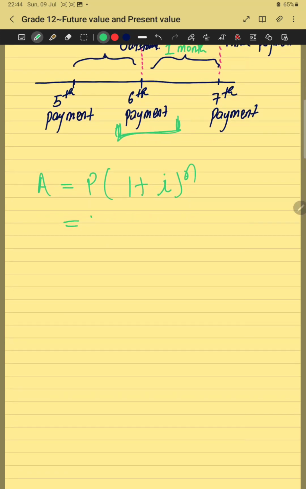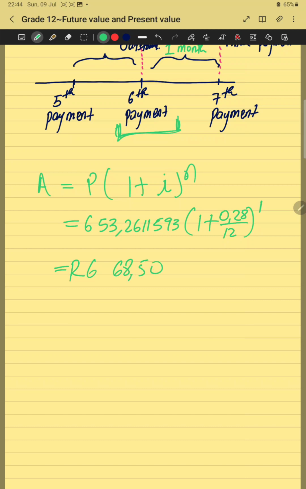So the outstanding balance, which is 653.2611593, and then 1 plus the percentage is still the same, which is 12, and then 1 now. So that 1 stands for 1 month interest, and then we just work this one out, and then we get the answer, 668.50.